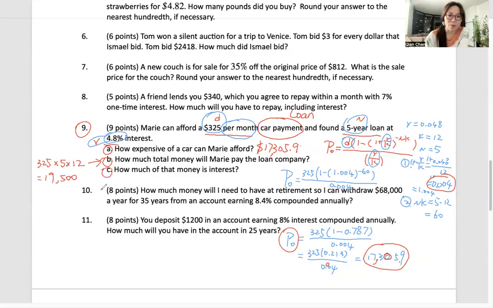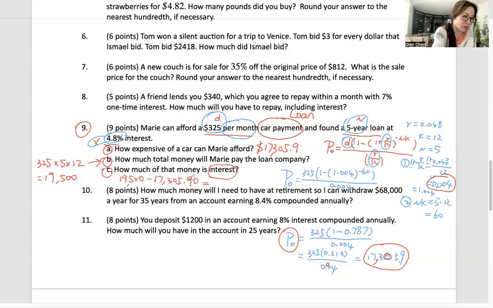C. How much of the money is the interest? Well, the total money she paid is 19,500. Subtract the loan amount, right? She only needed this much loan, $17,305.90. Just subtract those two.